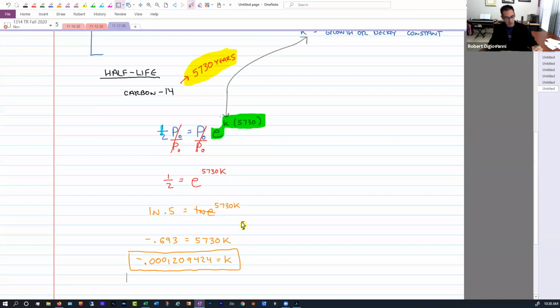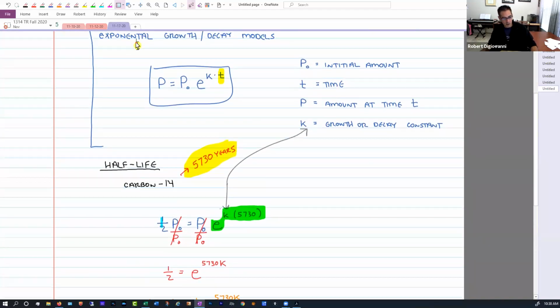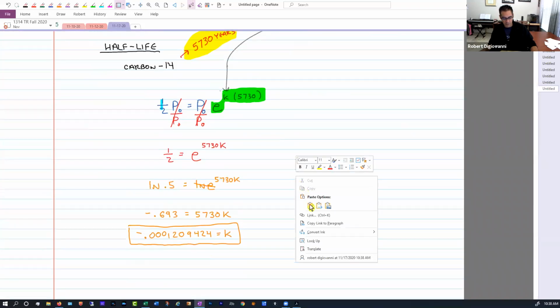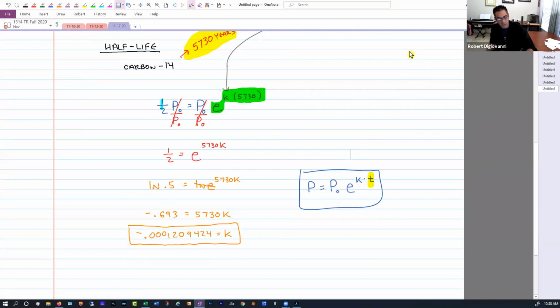Now, why is that so important? Here's why. This original equation right here, I know for carbon-14, for carbon-14 only, we have this formula: P equals P sub 0, or P naught, e to the negative 0.001209424 times t.